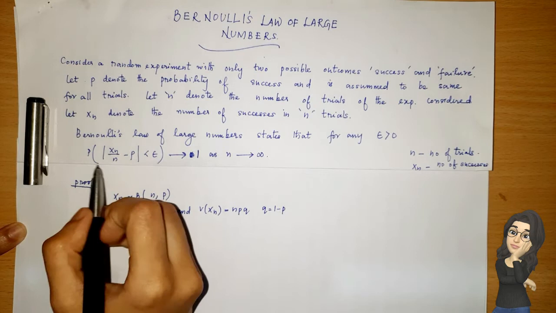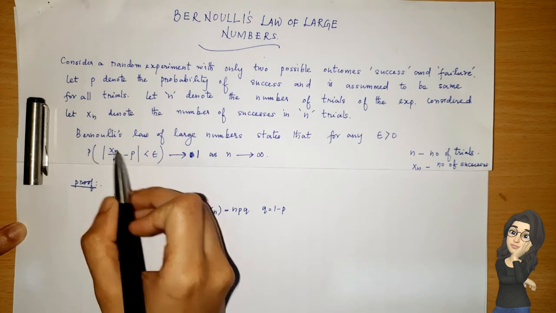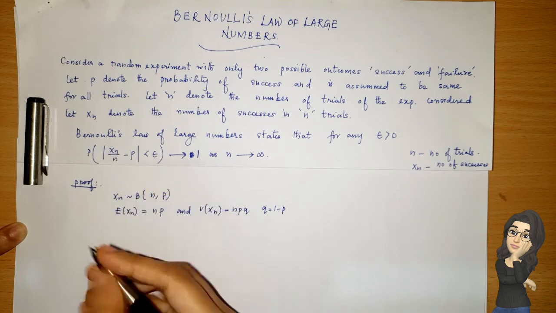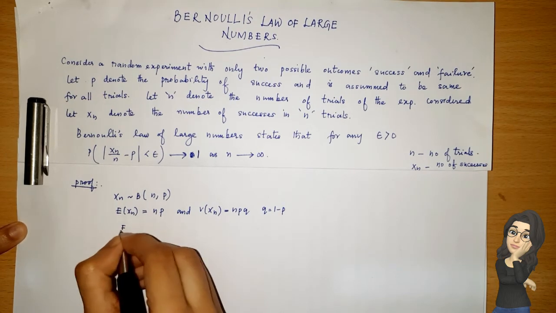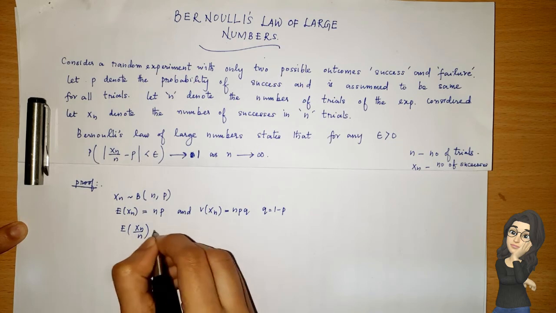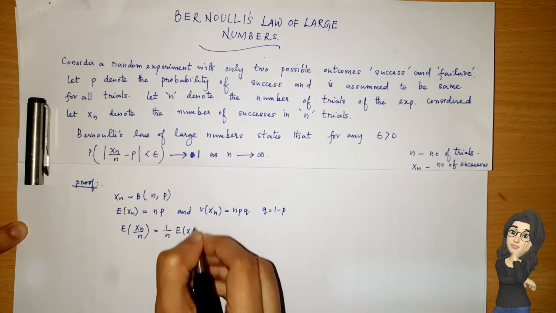Now, what we need is the probability of |Xn/n - p|. So our variable of interest is Xn/n. So we need to find the expectation of Xn/n. Expectation of Xn/n is equal to 1/n times the expectation of Xn.